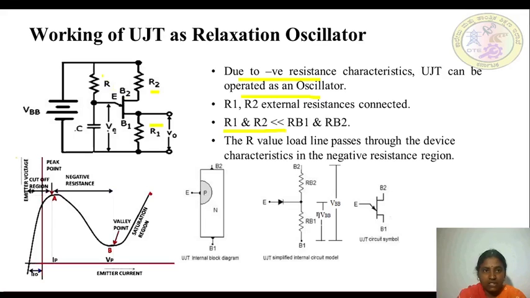The charging resistance R value should be such that its load line will intersect the characteristics of the device in the negative resistance region only. So this is the negative resistance region. The load line of this resistor R also should intersect in this region only. Then only this UJT will be operating as an oscillator.